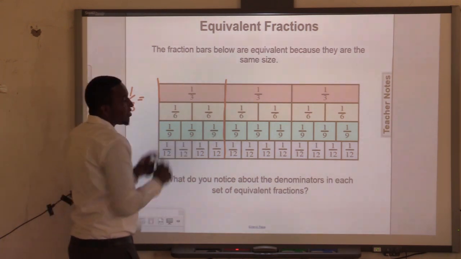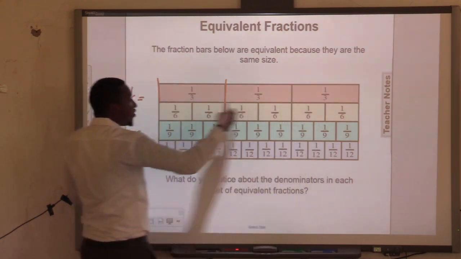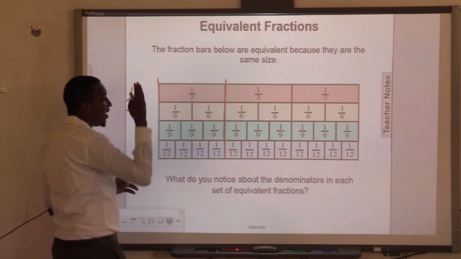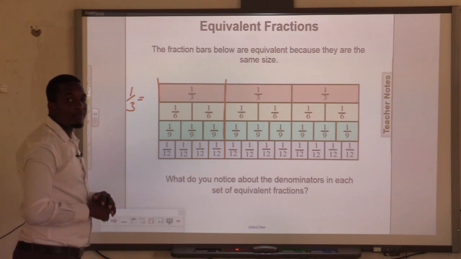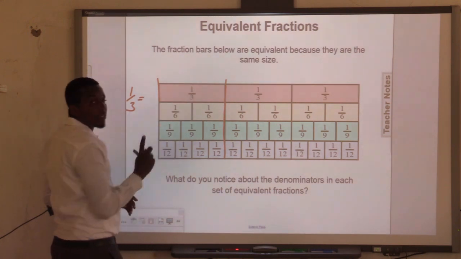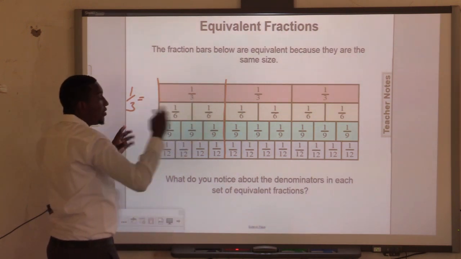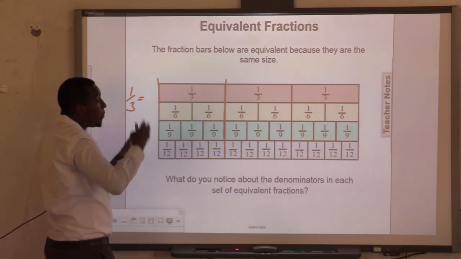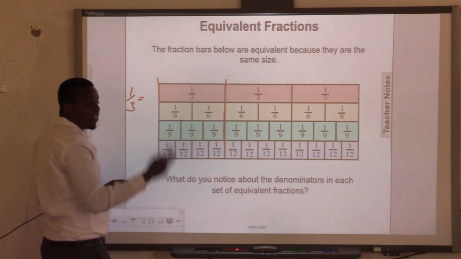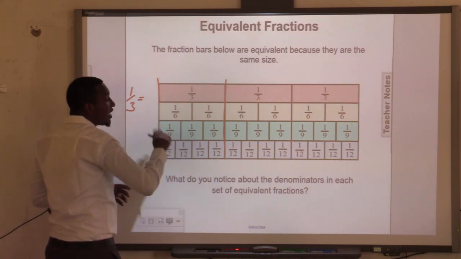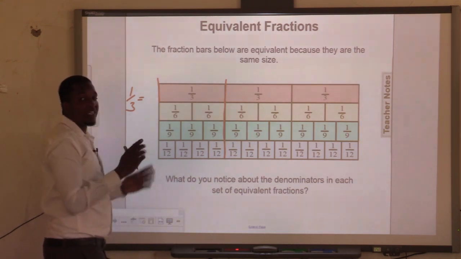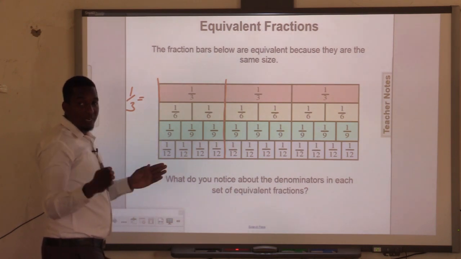If you look at 1/6, that is a whole divided into 6 equal parts. Remember, all the wholes are equal. What will you see? If you add this to 1/6, it will give you a 1/3. So if you have a whole and you divide it into 3 equal parts, and you have the same whole divided into 6 equal parts, you need 2 of the ones divided into 6 equal parts to add together in order to give us 1 of the one that is divided into 3 equal parts.